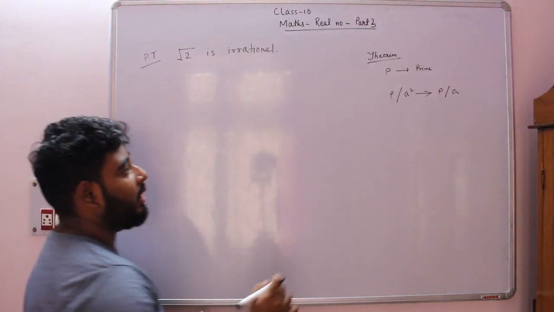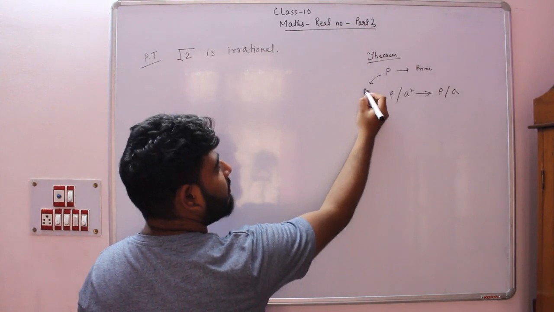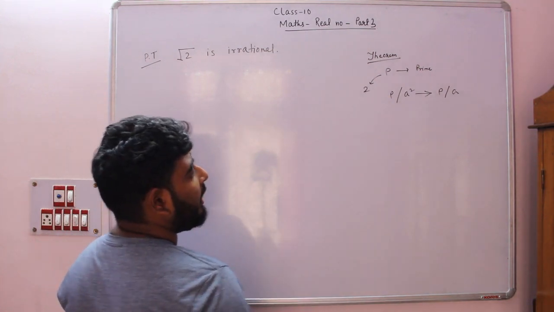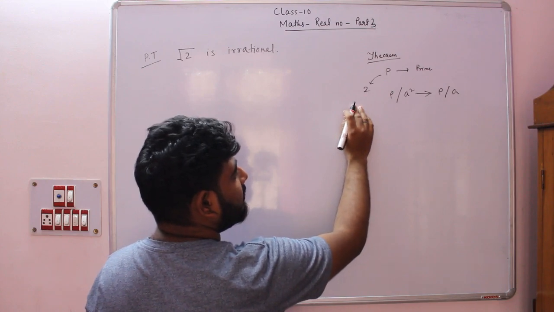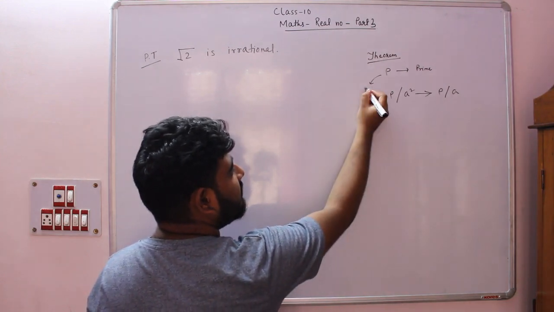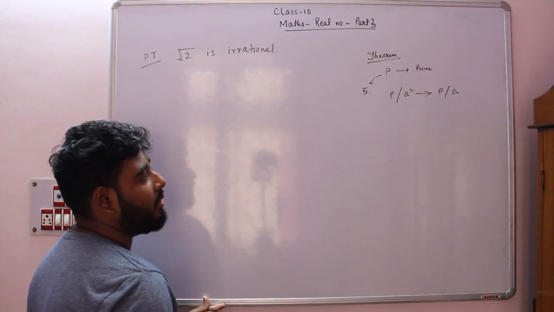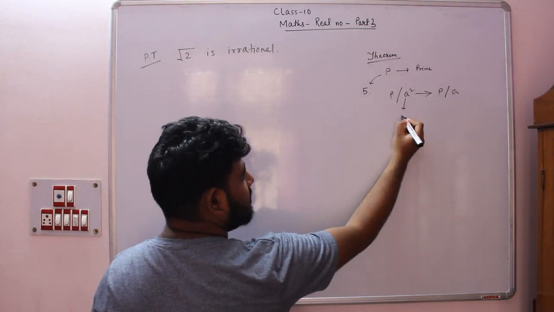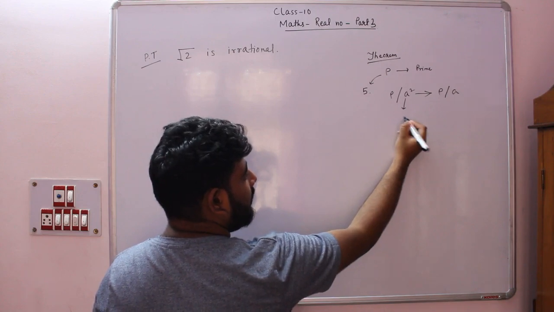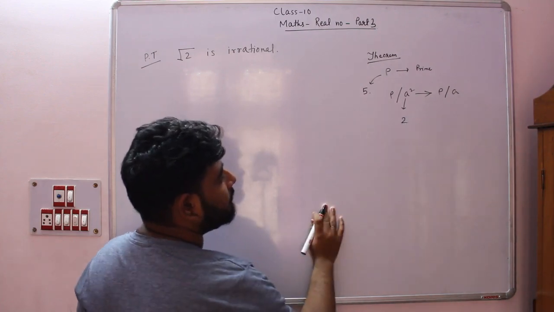Now let us consider that p is a prime number, say 5. 5 is also a prime number. So take a as any number, say 2.